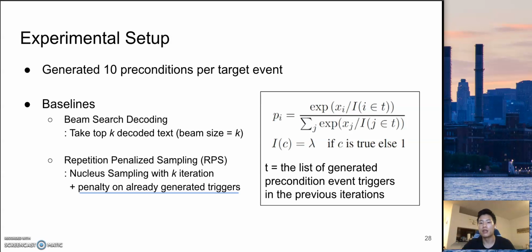The RPS model maintains a list of generated event triggers from the previous iterations, and discounts their probabilities when generating the event trigger in the next iteration with this equation. As a result, event triggers already used in the previous generation are less likely to be sampled in the next iteration.